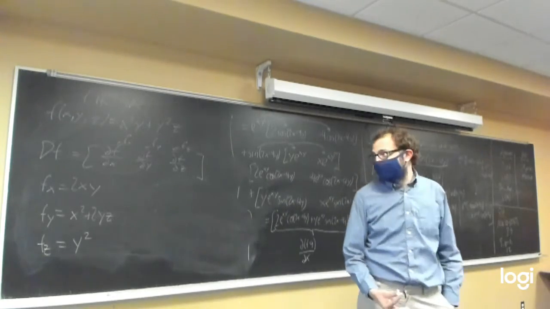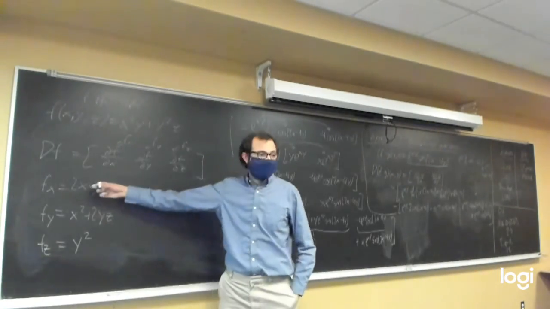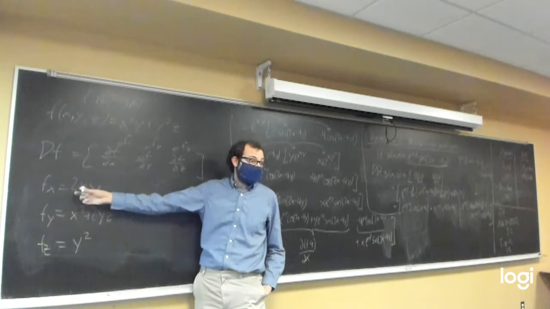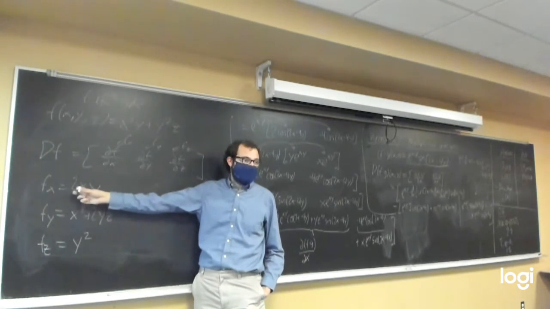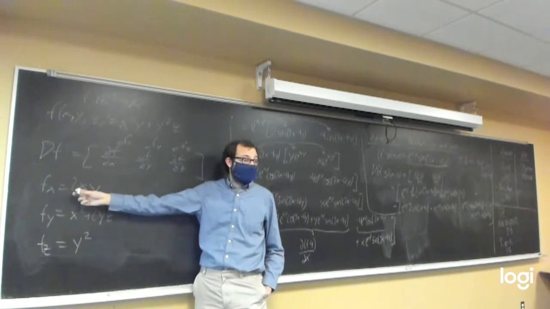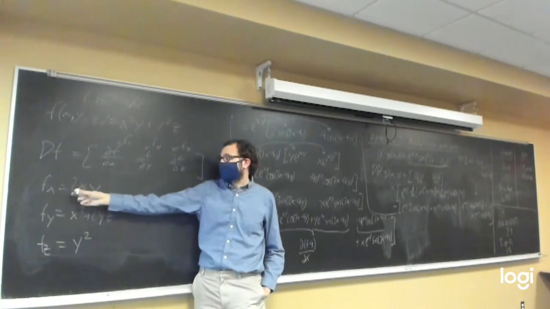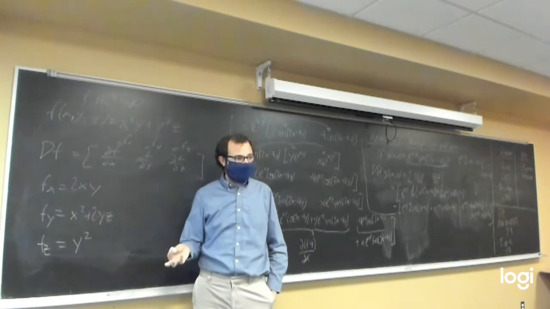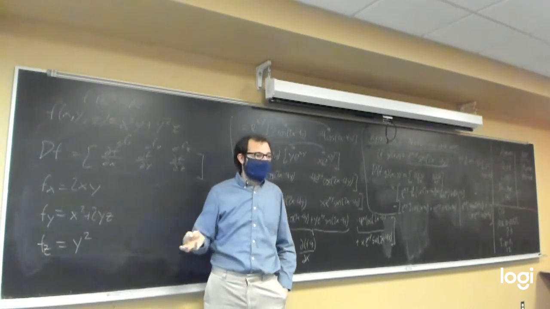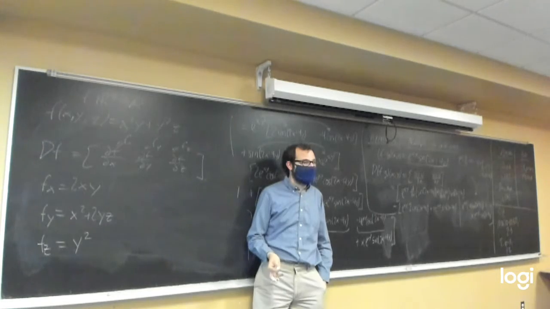Say that again? It would be 2y. So what did you do to get 2y? I took the derivative of 2xy, and then took the derivative again. So you differentiated this with respect to x, and you got 2y? Why didn't you differentiate it with respect to y and get 2x? Because we differentiated it once with respect to x, so if we differentiate again, you'd like to do it with respect to the same variable.